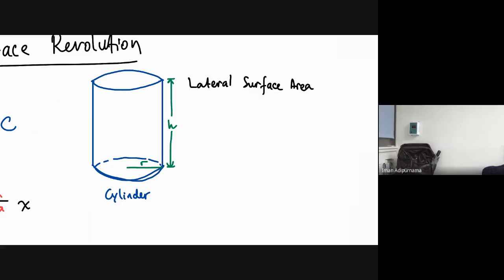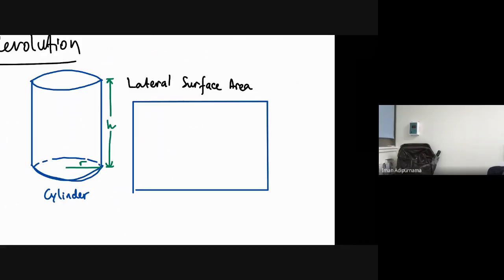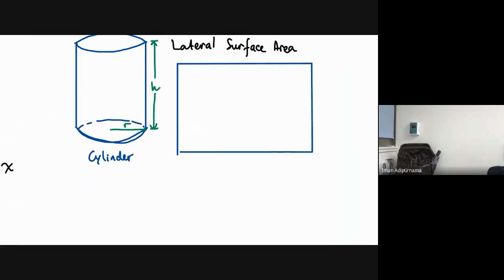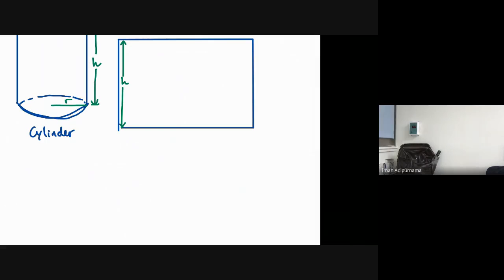I said before, we can cut it open and we can see the rectangle, right? So let me draw the rectangle. Let's say this is H, and this length is the circumference of the circle, which is 2 pi r.